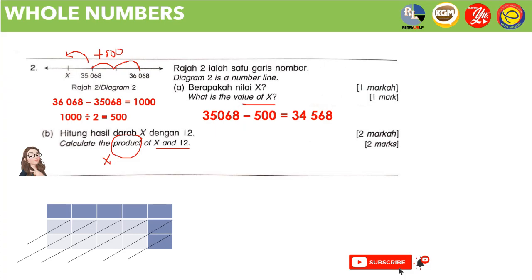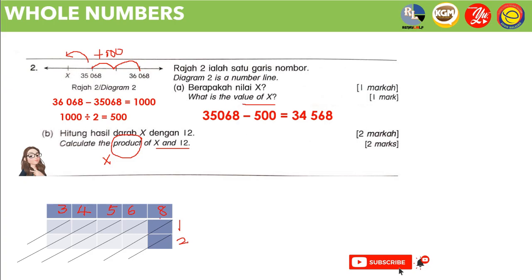So it's actually 34,568 times 12. All right, so how are we going to times this? Okay, let's use another color so you can see it better.